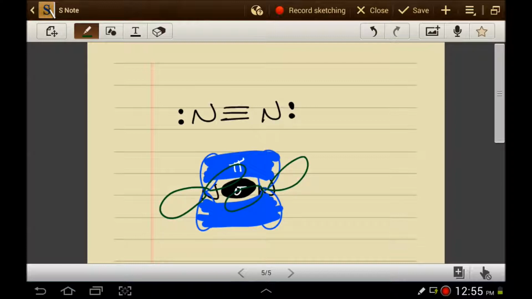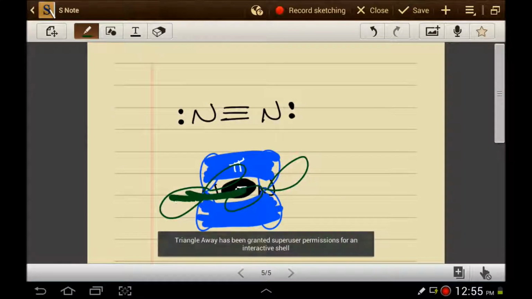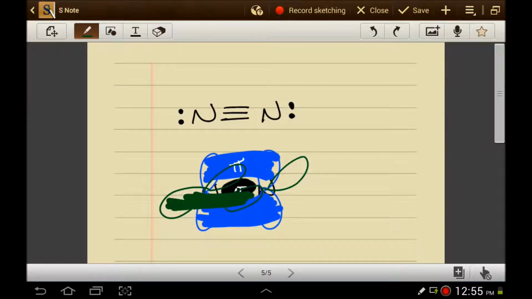So there's also a p orbital in front and behind, an indirect overlap of electrons, which is also a pi bond. So the nitrogen molecule does not have a single bond, a double bond, and a triple bond. The nitrogen in the nitrogen molecule has 1 sigma bond and 2 pi bonds. Each bond after the sigma bond is a pi bond.